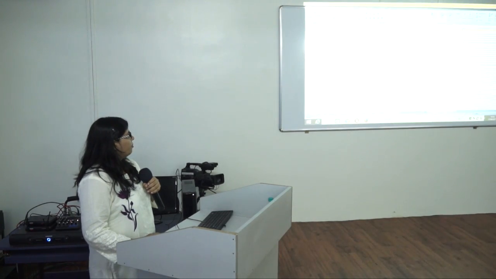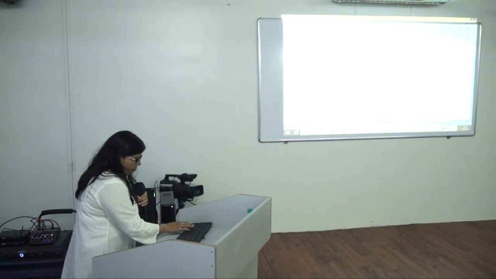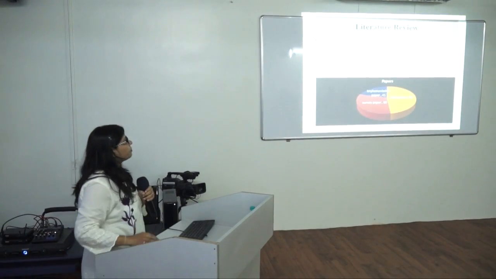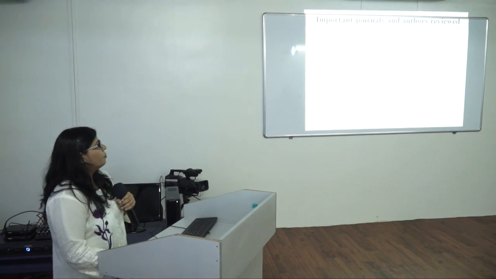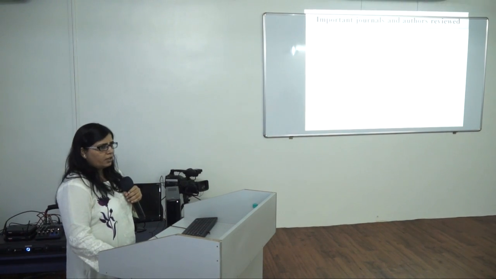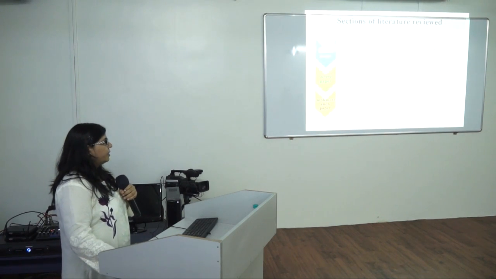These are the papers, and these are my 27 most relevant papers, which are most relevant to my problem. Then these are some important journals and some important authors, and these are the categories of papers.